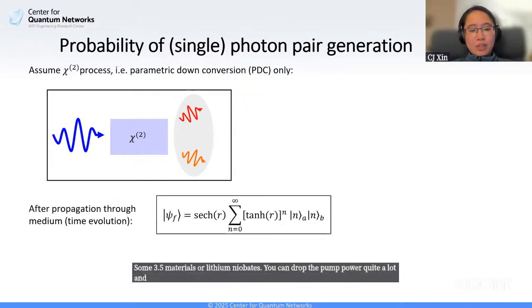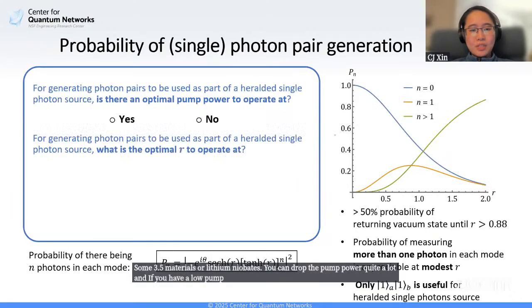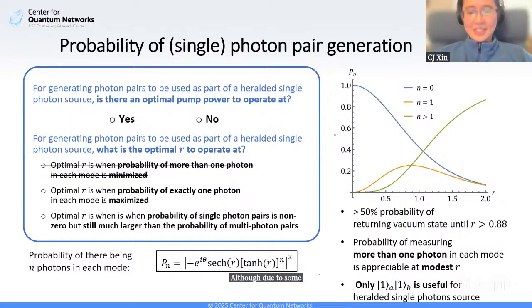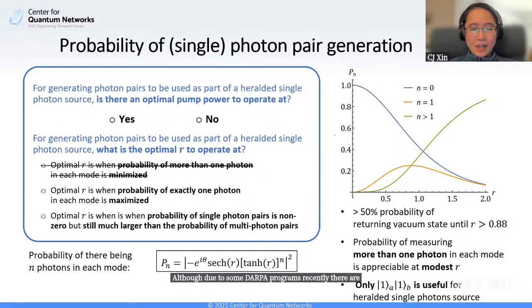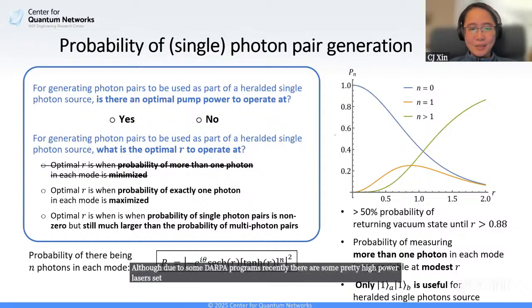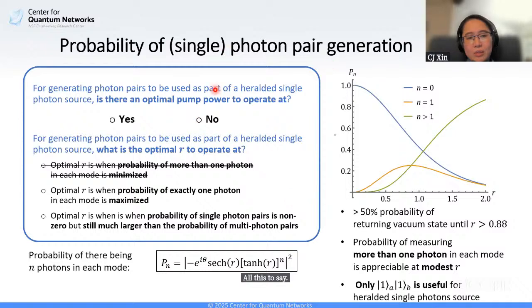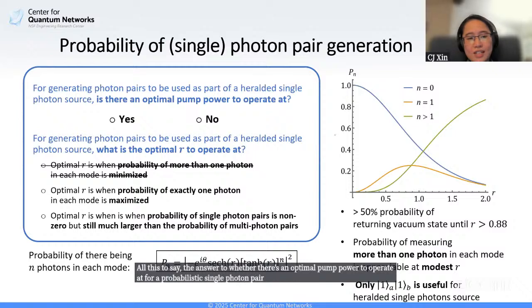And if you have a low pump power requirement, that opens up a lot of opportunities for pumping with smaller, lower power lasers that are easier to make in a small form factor. Although due to some DARPA programs recently, there are some pretty high power lasers on chip that people have been able to make using a variety of platforms. But in the end, the answer to whether there's an optimal pump power for a probabilistic single photon pair source is actually no, or rather, it depends.